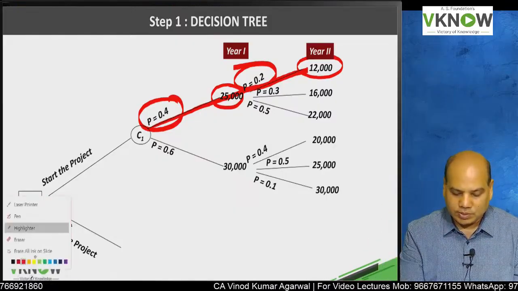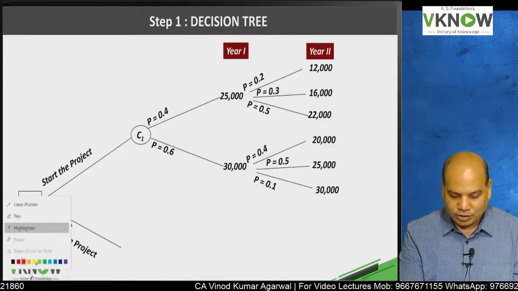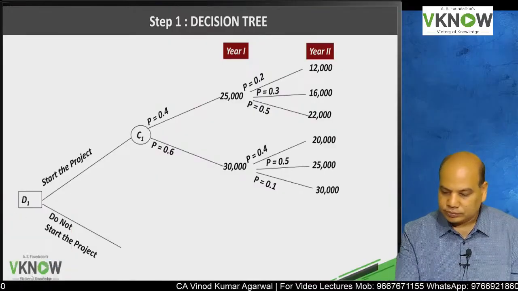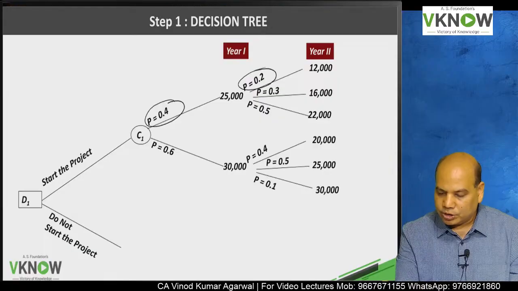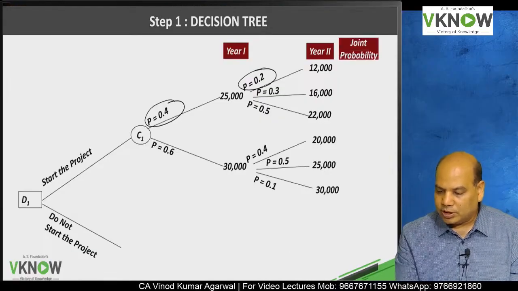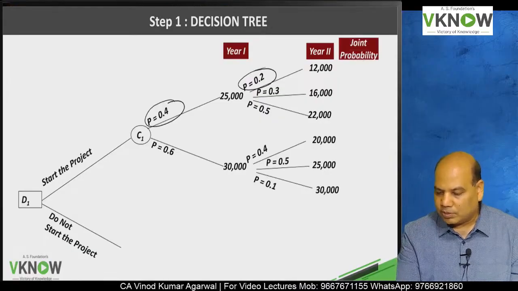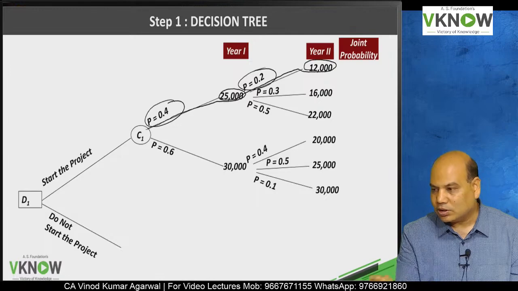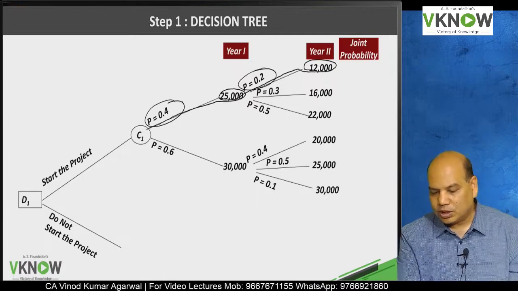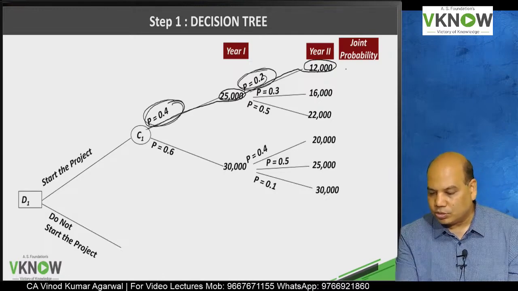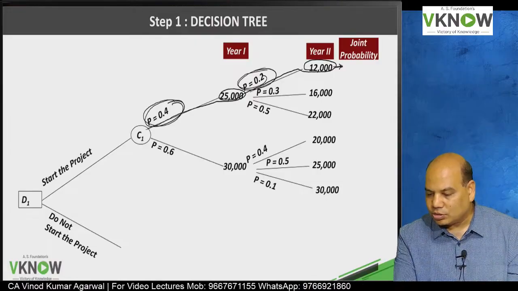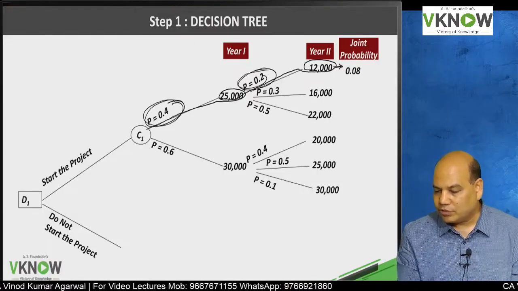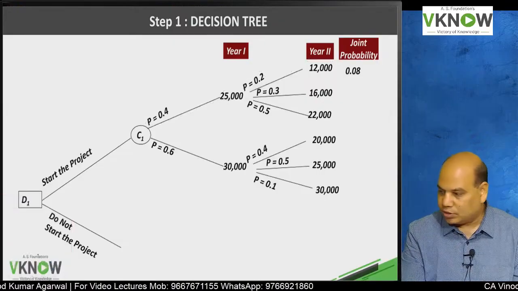Very good answer. 0.4 into 0.2 is right. So joint probability, write down. Joint probability means the probability of getting 25,000 in year 1 and 12,000 in year 2. Multiply 0.4 into 0.2 and just write down next to this number 0.08. You are right, 0.08 was right.